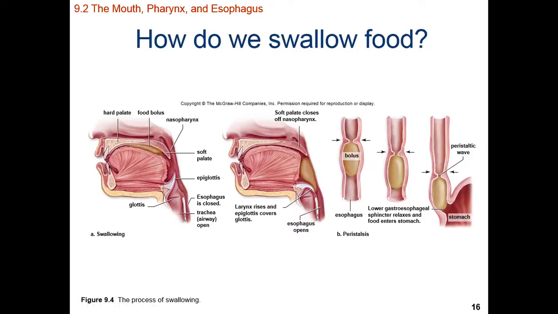And once that bolus of food gets into the esophagus, we'll have the esophagus pinch off and then push the food one direction down through the esophagus into the stomach. This is one of the reasons why when you swallow food lying down, standing, sitting, or if you swallow something while you're hanging upside down, that food is still always going to make it into your stomach.